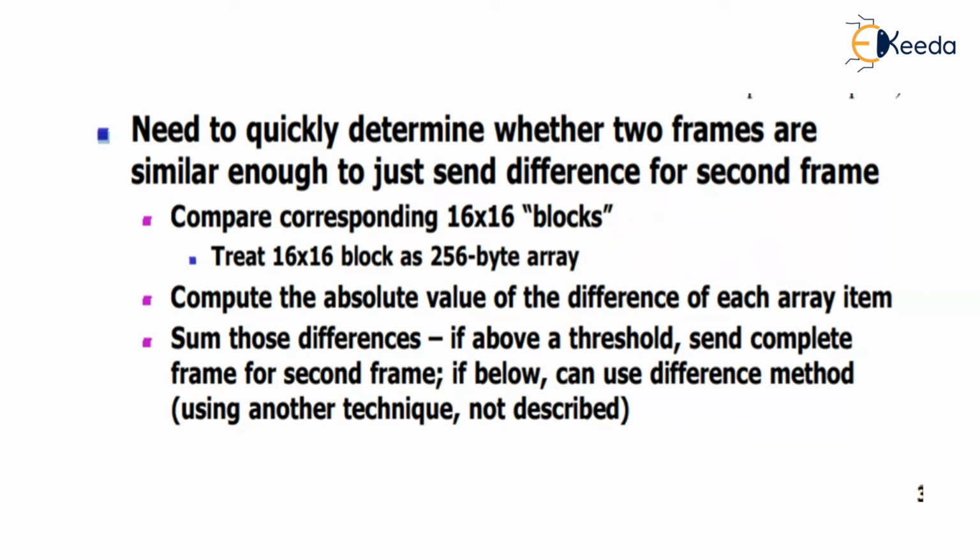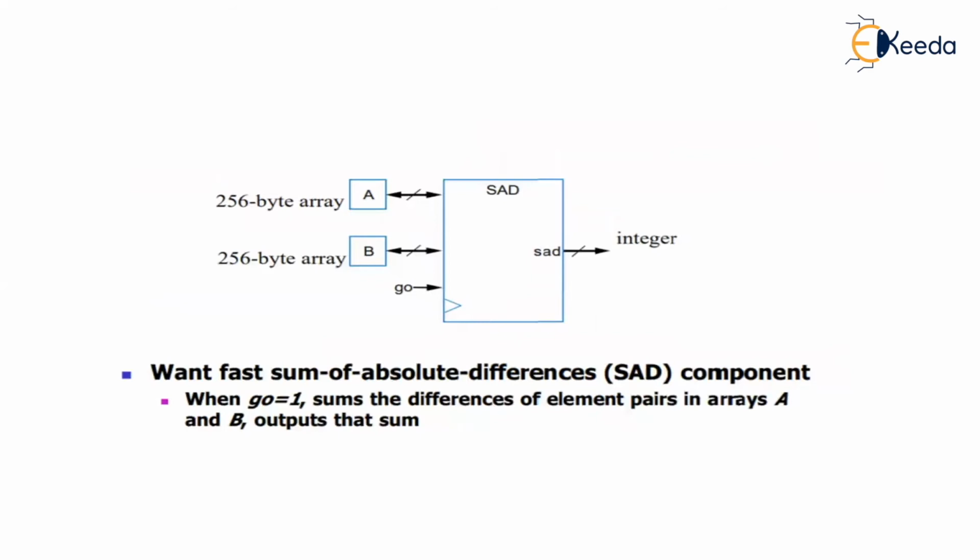So the ultimate aim of our RTL, be clear, in RTL design, we are going to find the difference between 2 pixels, and add it with the original frame, and send it for the process of video compression. As of now, this is sufficient before we get into our RTL design. What I told is that we have 2 frames: this 256 byte array, which is A, and another frame, which is B, and SAD is nothing but the sum of absolute difference component.